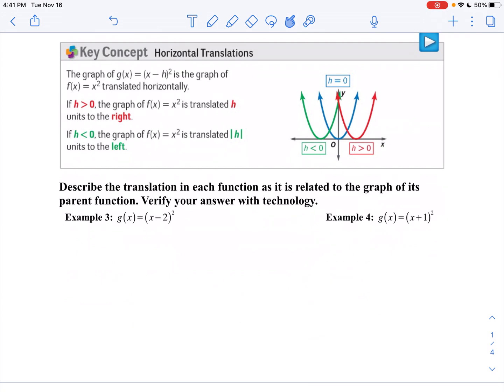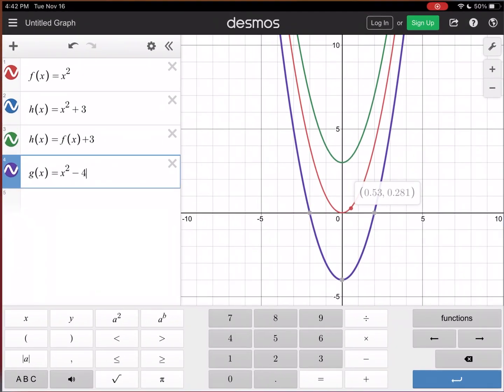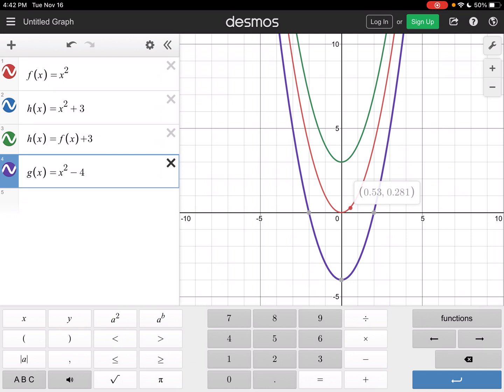So if I look at x minus 2, the quantity squared, for example 3, I think I'm going to move it to the right 2. Let's verify that. I'm going to get rid of all these other ones.